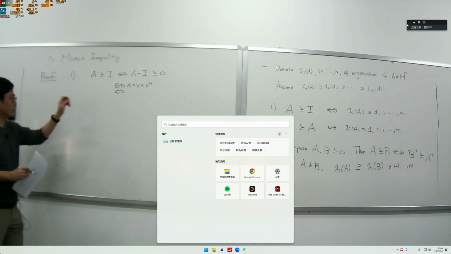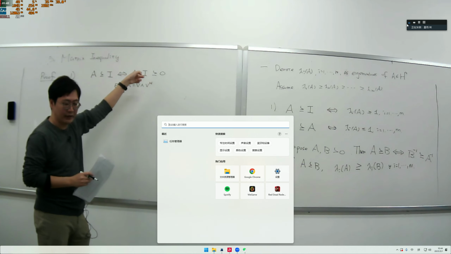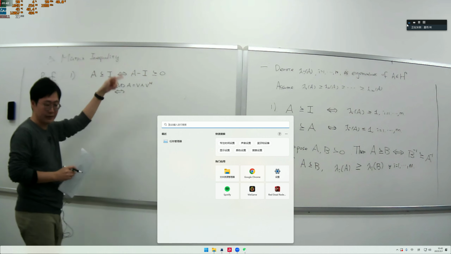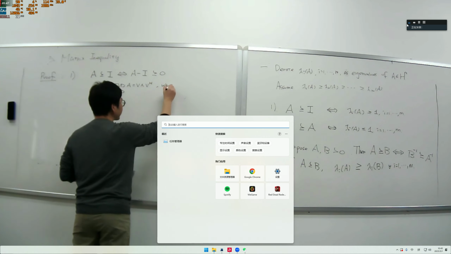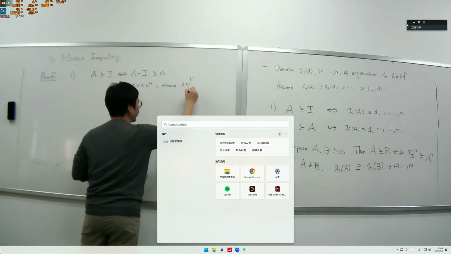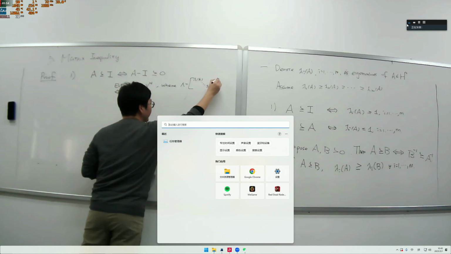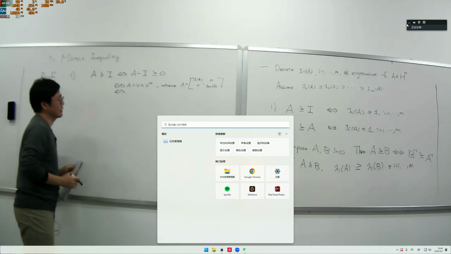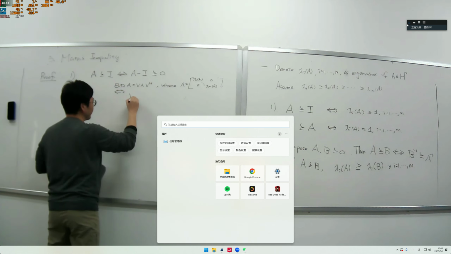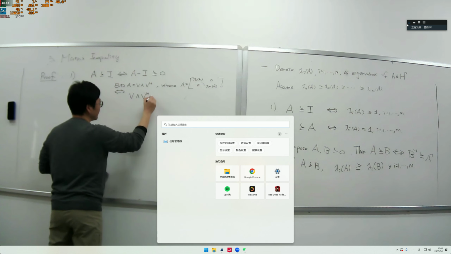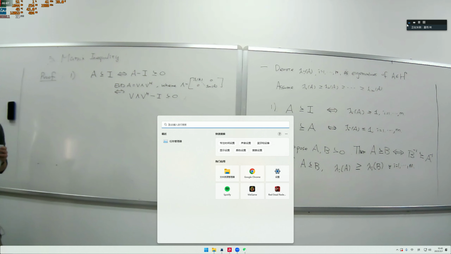Then this V is unitary and lambda contains lambda 1A, lambda 2A to lambda MA as its diagonals, right? Then we apply this EVD, so we have V lambda V Hermitian minus identity. It's a PSD, right?